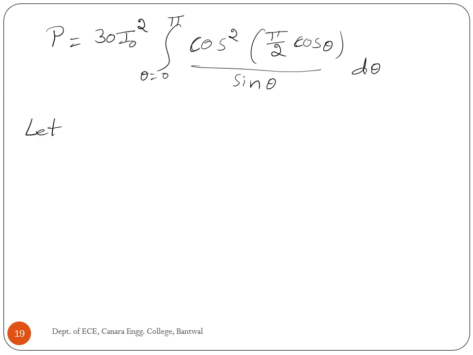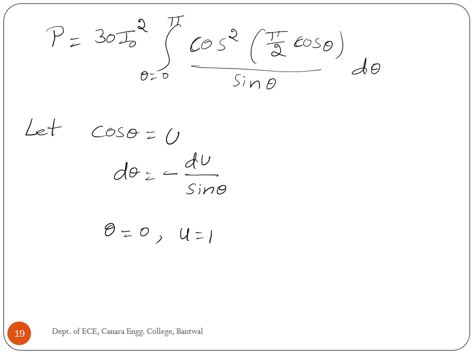Let cos theta equal to u, then d theta equal to minus du sin theta divided by sin theta. When theta equal to 0, u equal to 1. When theta equal to pi, u equal to minus 1.